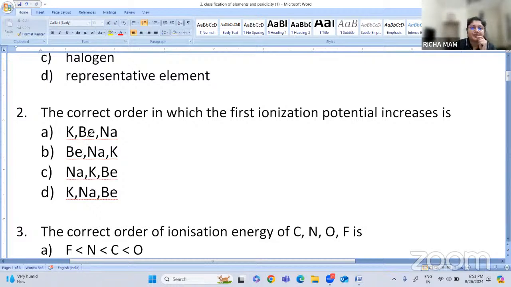Now, we have this set, four sets of options are there. If you see the placement of these elements, first, how does ionization potential vary across the period and down the group?